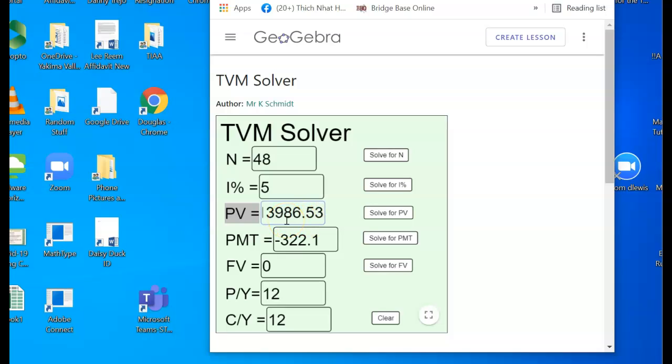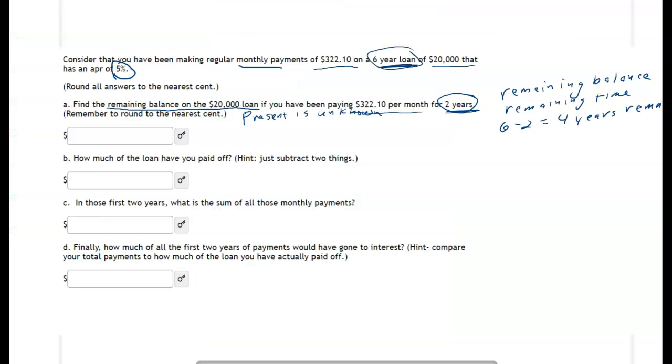So let's jot that down. $13,986.53 is our answer there. That's what we still owe on the loan.